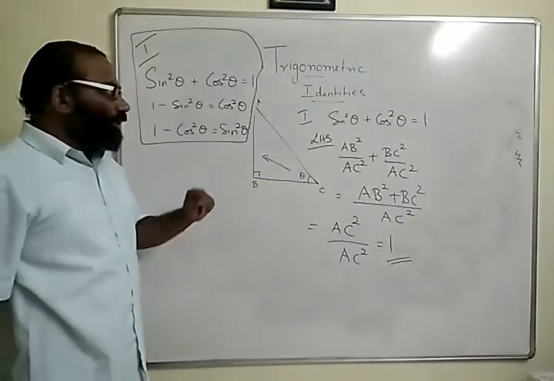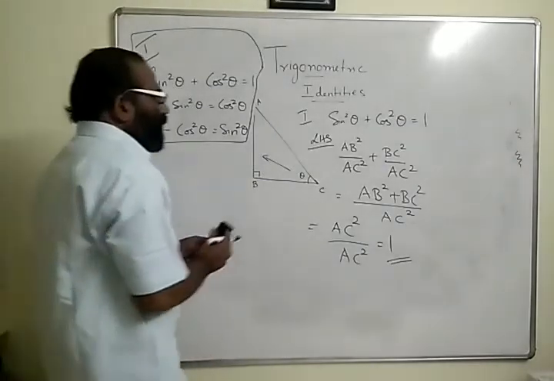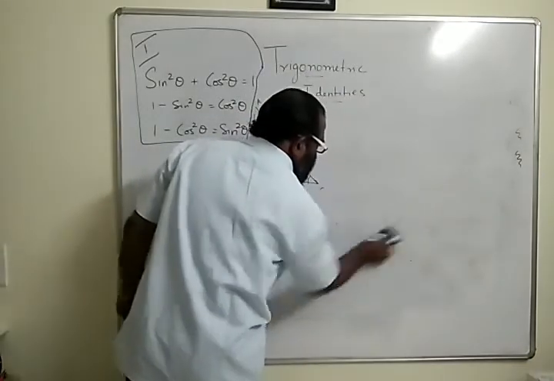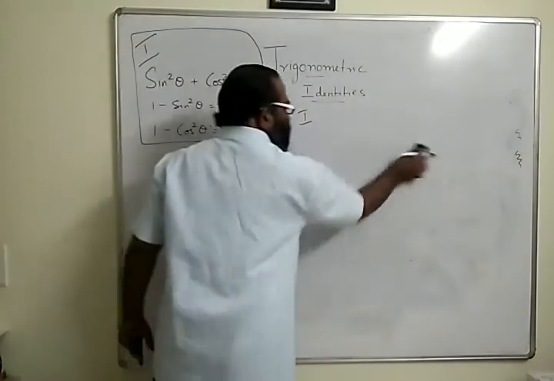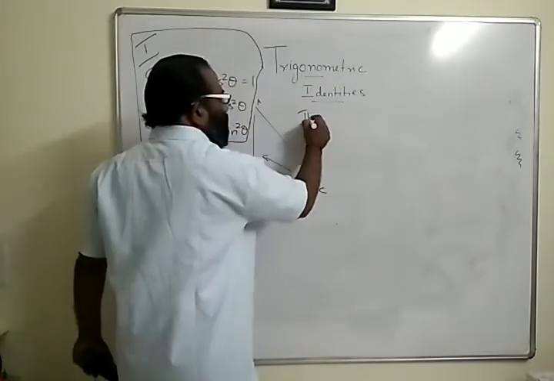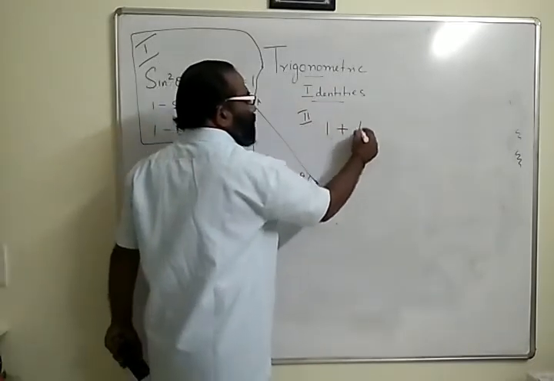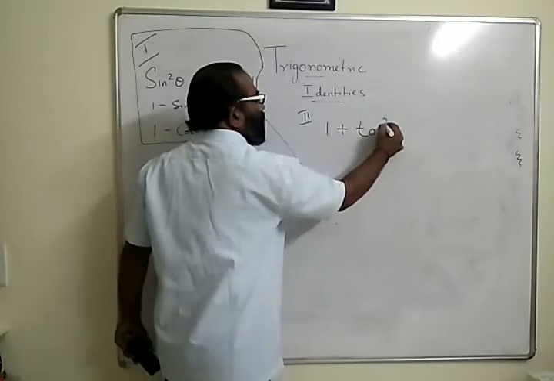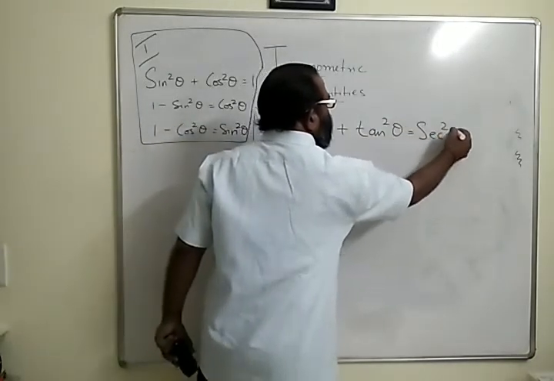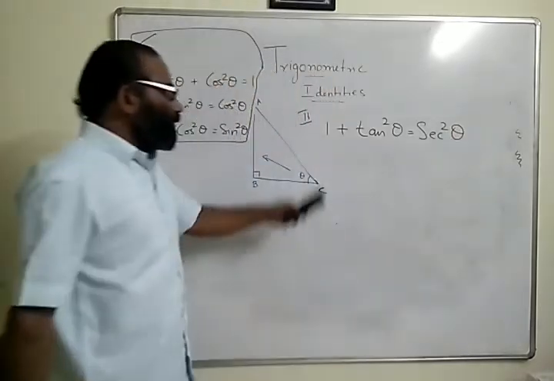Now let's go on to the second identity. The second identity is one plus tan squared theta equals secant square theta.